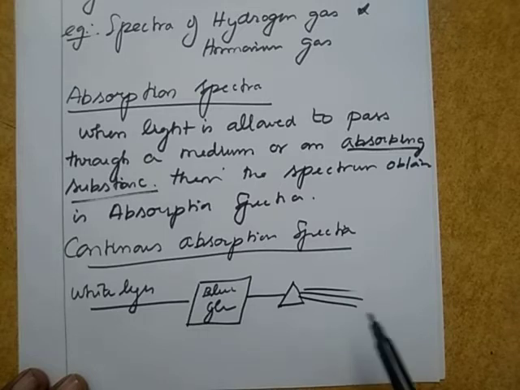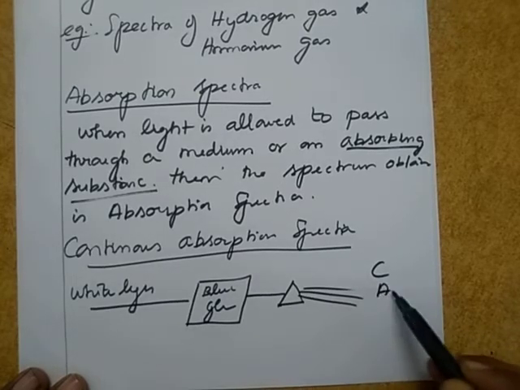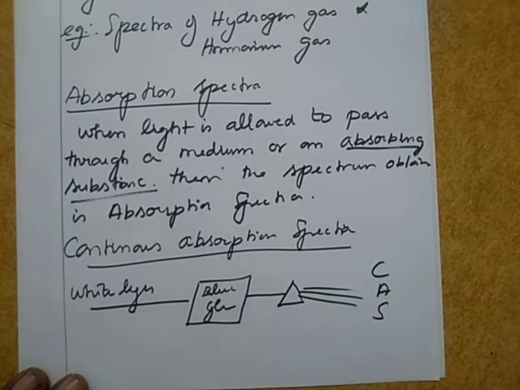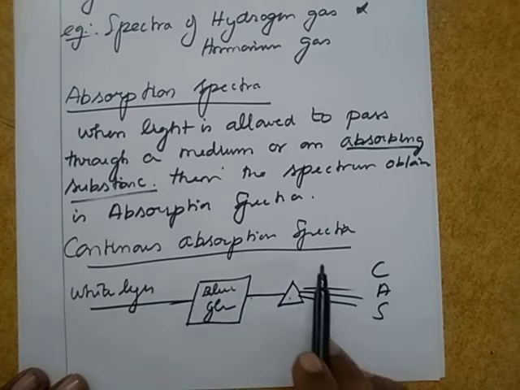That spectrum is known as continuous absorption spectra. The blue glass will absorb all the colors in the white light except blue, and it will allow the blue light. The spectrum from the prism is continuous absorption spectra.